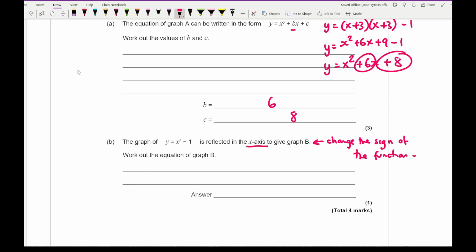If the function is x squared minus 1, what I'm going to do is put a minus in front of it because I'm changing the sign of it all. Now if I expand the brackets, that becomes minus x squared plus 1. So the equation is going to be minus x squared plus 1, or you could write it as 1 minus x squared.